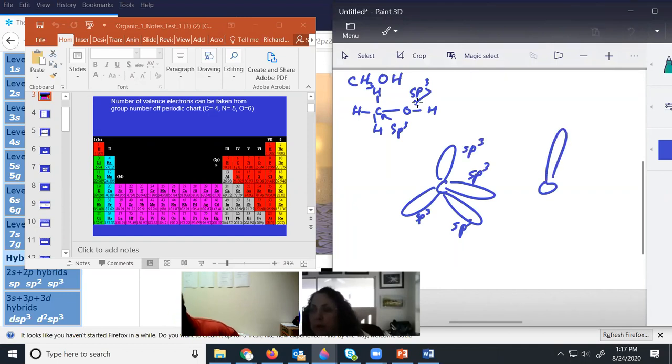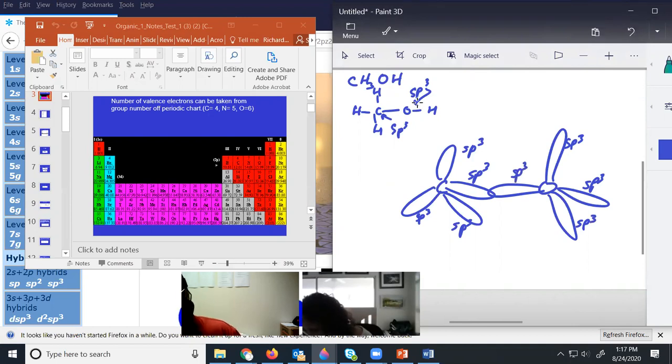And the oxygen's going to be the same story. They're all going to be sp3s as well. And carbon has 4 valence electrons, so I've put 1 in each.